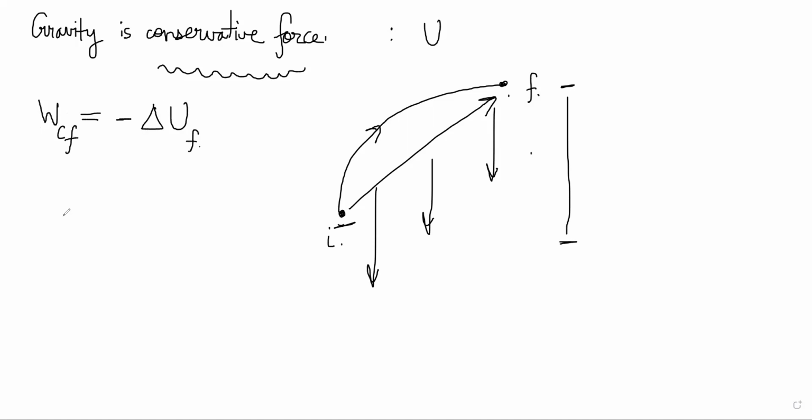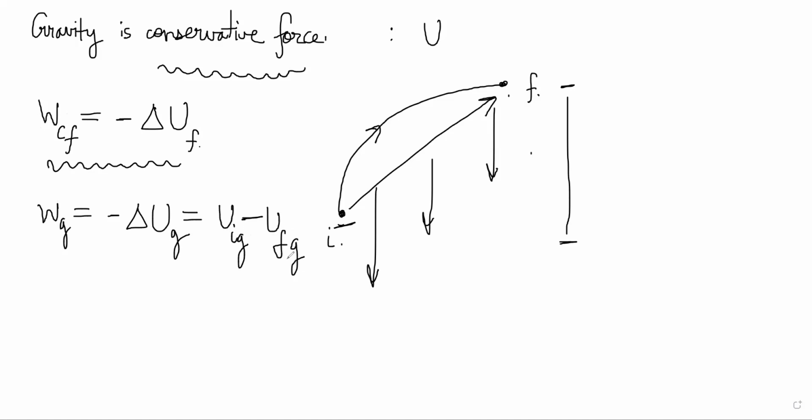So work done by gravity will be negative of delta U due to gravity, that means U initial minus U final due to gravity. The way potential energy due to gravity is defined, U initial minus U final is equal to work done by gravity, right?